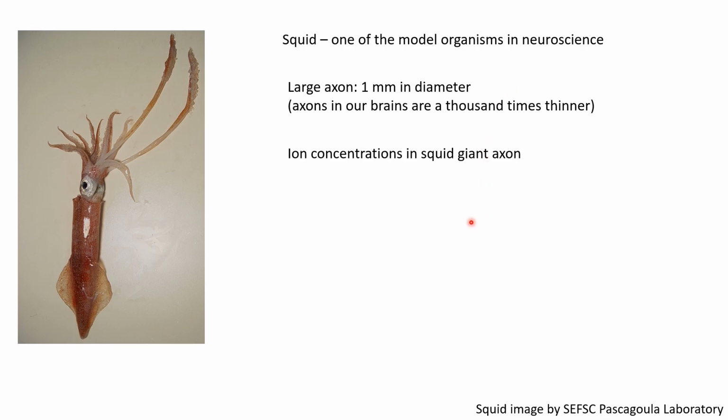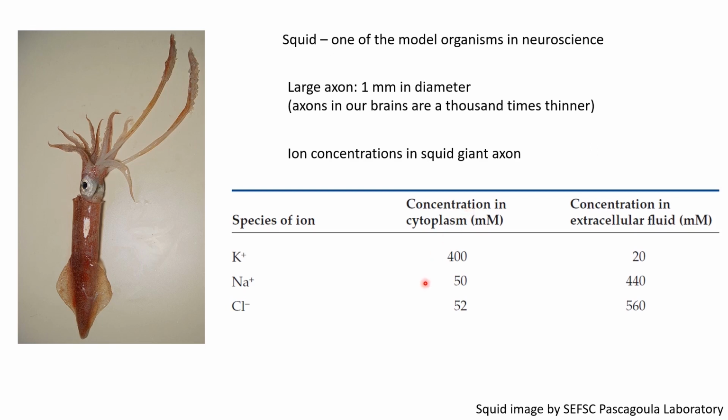Researchers have measured the concentrations of different ions inside and outside the squid axon, and the concentrations of potassium, sodium, and chloride are shown here. Now, these exact values are somewhat different from what we have seen for mammalian cells in a previous video.